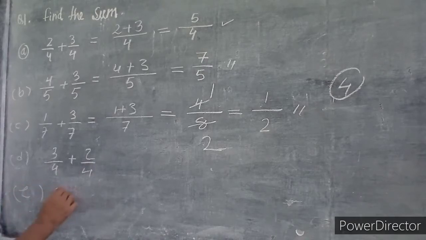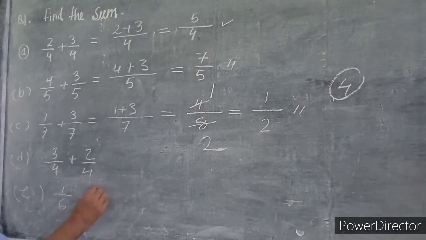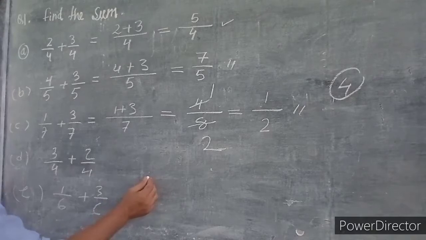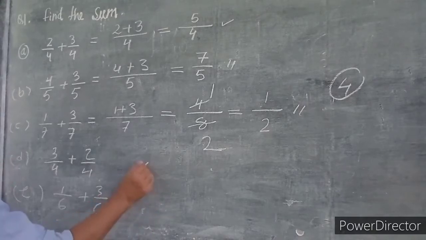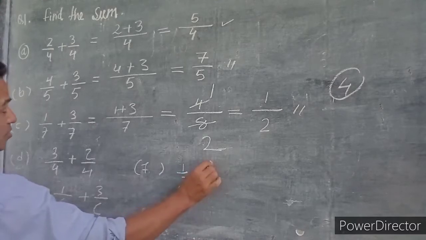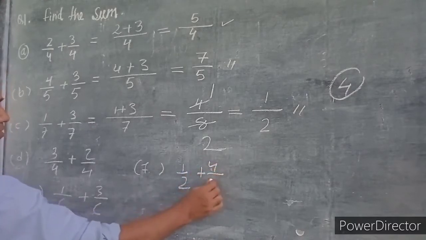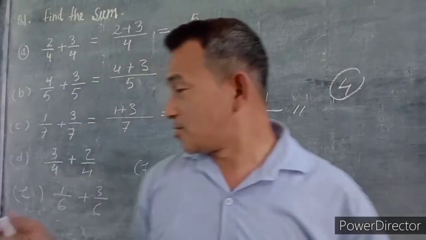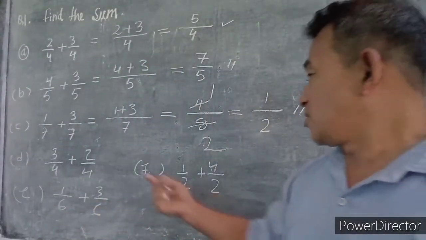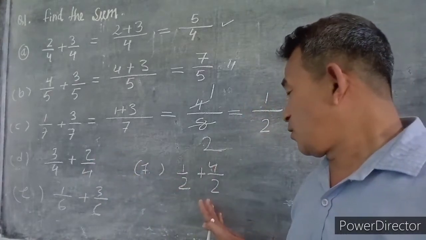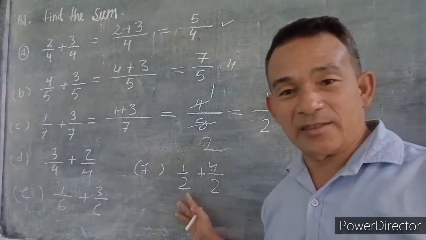Number E, 1 by 6, 3 by 6. Number F, 1 by 2, 4 by 2. These three questions are for your self practice.